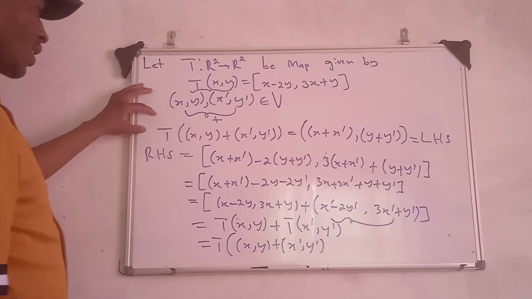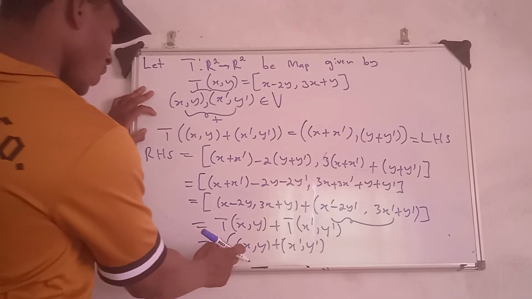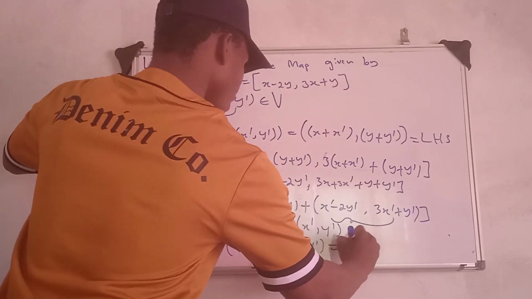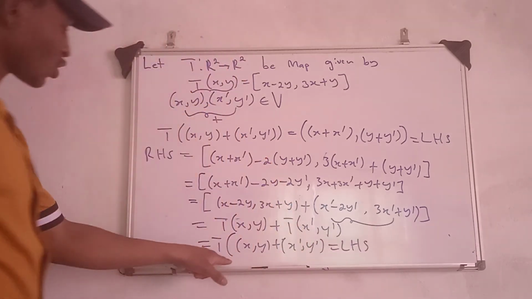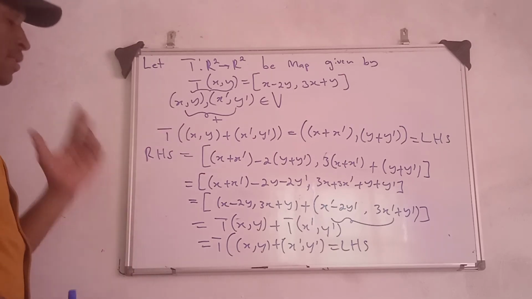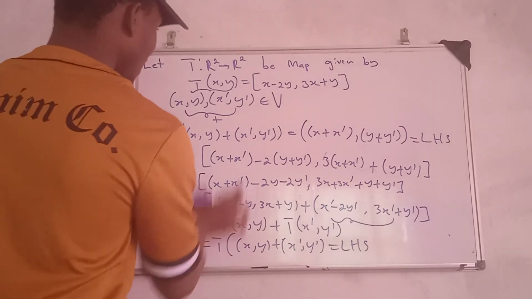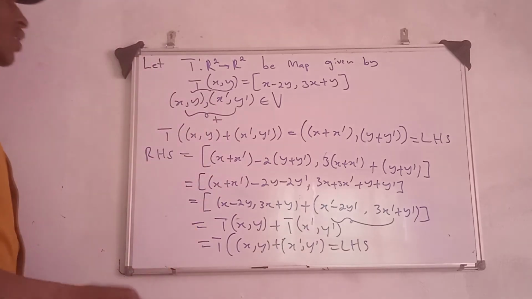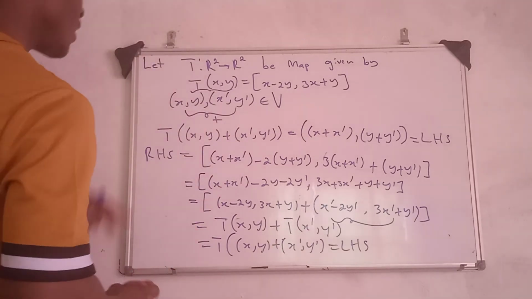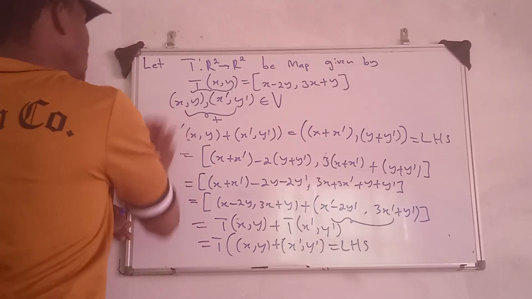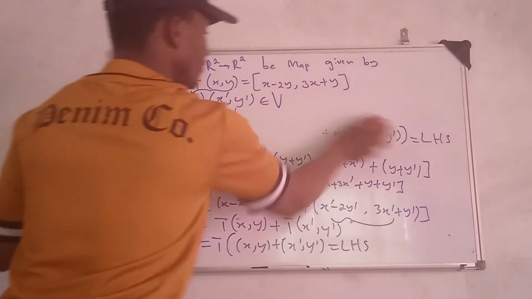This one is equals to this one. So it is equals to LHS. So the first condition is met, since we can write this function in terms of this. But we must also consider when it's multiplied by a scalar.